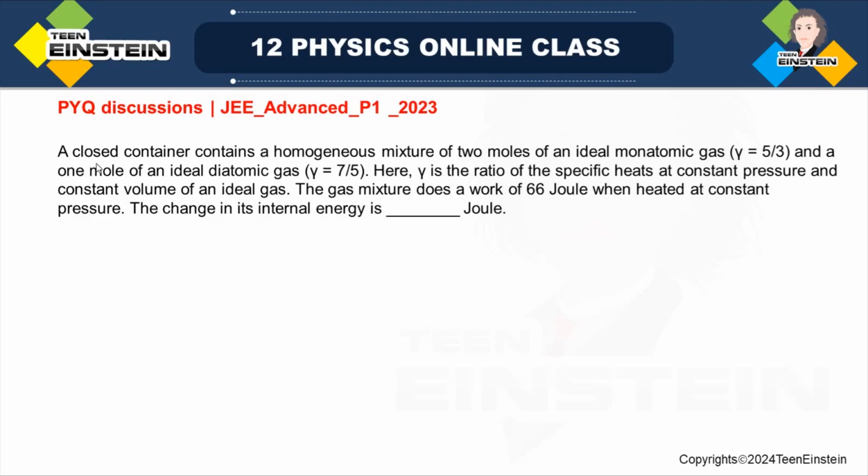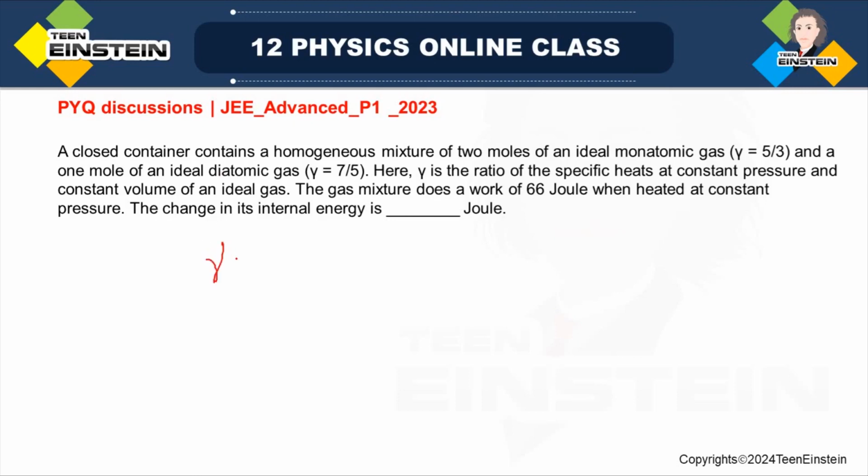This question says a closed container contains a homogeneous mixture of 2 moles of an ideal monatomic gas whose gamma is given as 5/3 and 1 mole of an ideal diatomic gas whose gamma is given as 7/5. Here, gamma is the ratio of the specific heats at constant pressure to constant volume of an ideal gas.